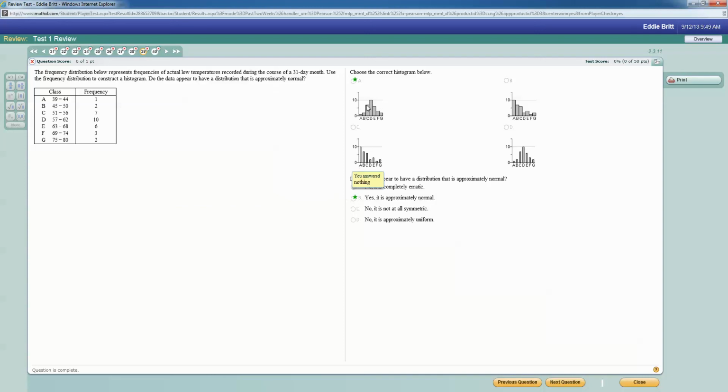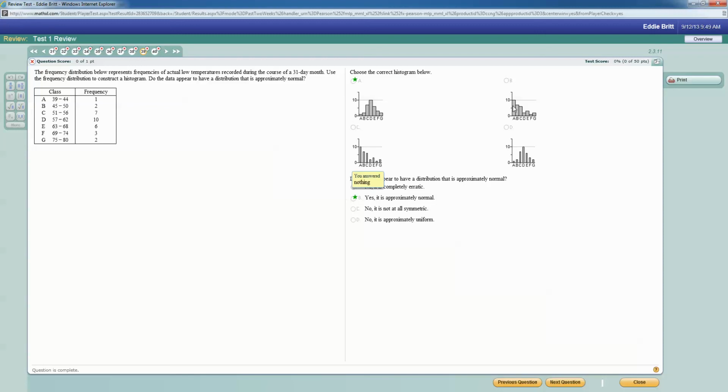These graphs are kind of small here. But what you can do is, from 39 to 44, that'd be the first class, there's only 1. So you know you should start out with a really small bar.